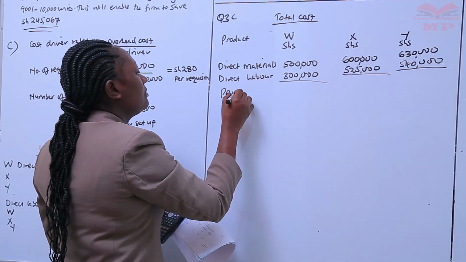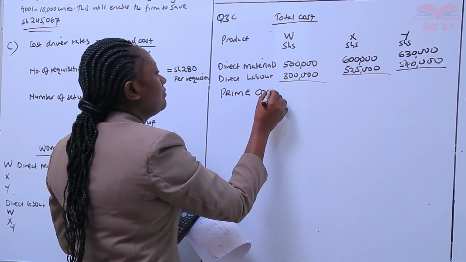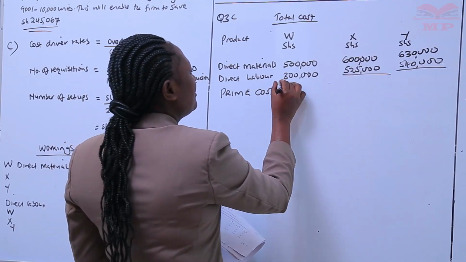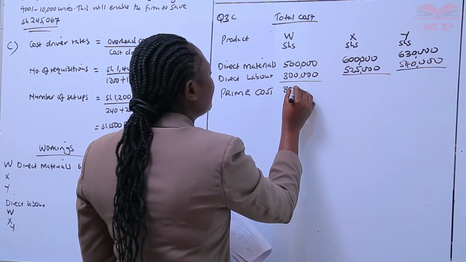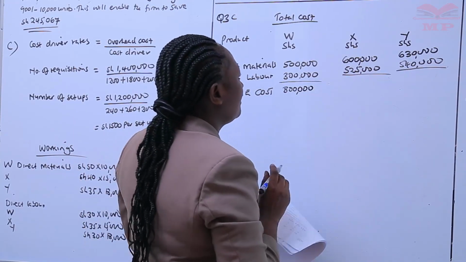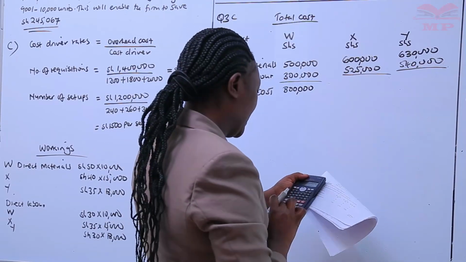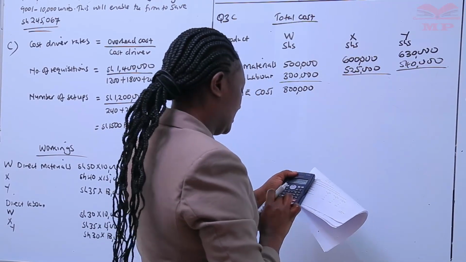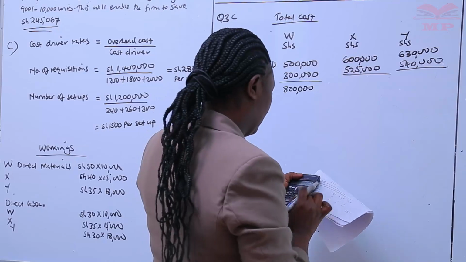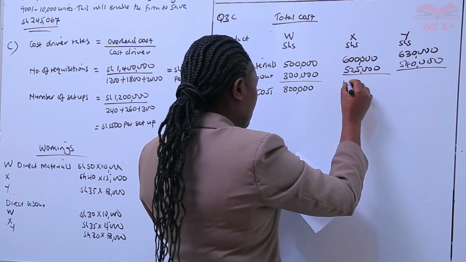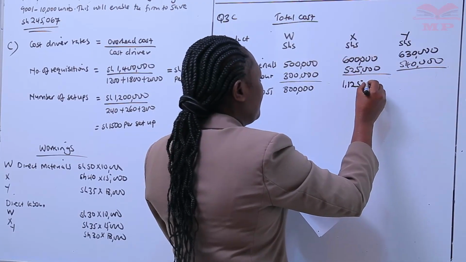Then we get the prime cost. Show the prime cost. This will be 800,000. Then we get the totals for X, 1,125,000.